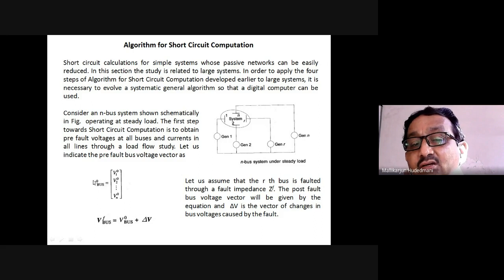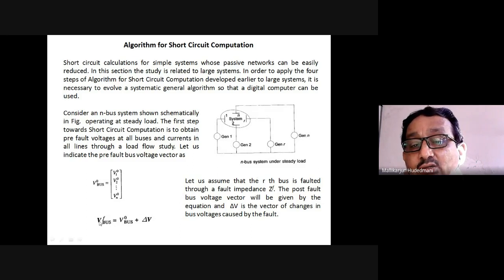You can see here, V bus 0 means, before any power system fault, the initial voltage of the buses. That is V1 0, V2 0, Vn 0, like that. When a certain fault occurs on the given power system, definitely the voltages of all those buses, V1 0, V2 0, Vn 0, won't remain the same. There will be a change in voltage in all those buses.